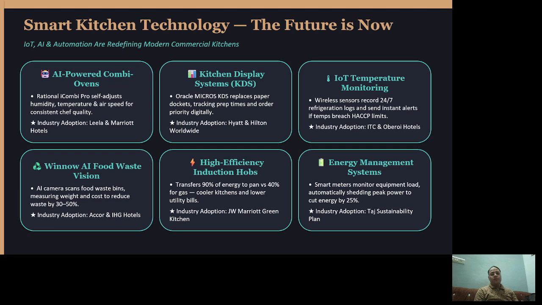For a few examples, we have AI powered combination ovens. Why it is called a combination oven is because it can give heat and humidity, and it will self adjust the temperatures as per the product. So that is called the AI powered combination oven. And then we have the KDS system.